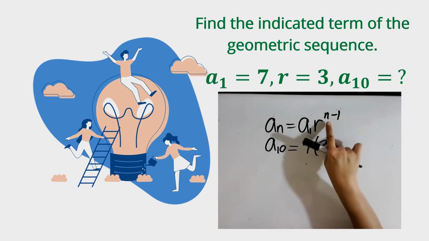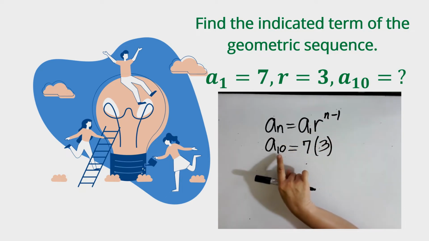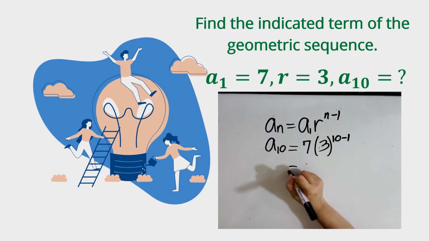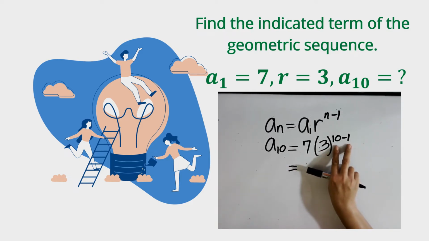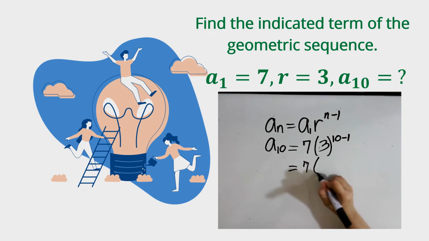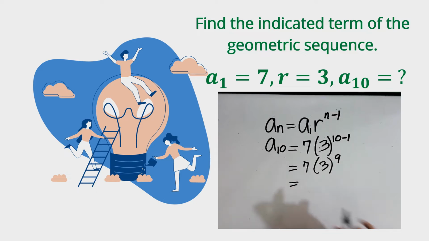And then, our n for the exponent is 10. Our n is 10. So, replace n by 10 minus 1. Next, subtract 10 and 1. Sa exponent muna tayo. So, copy lang. 7 times 3 raised to 9. Ayan.